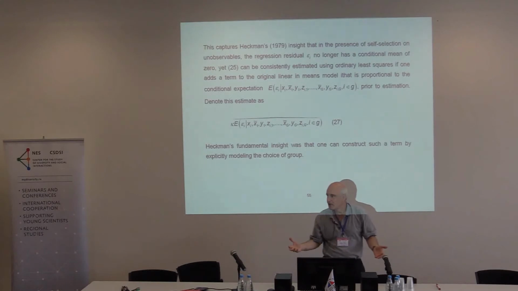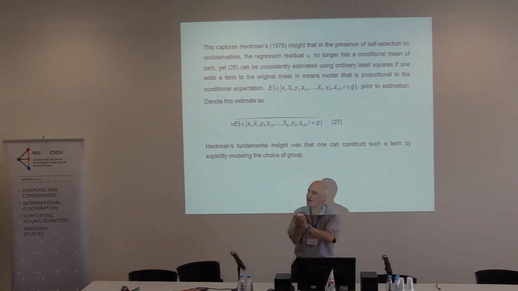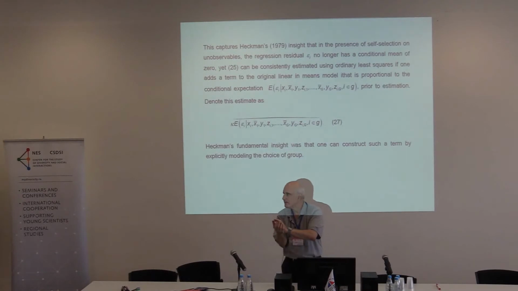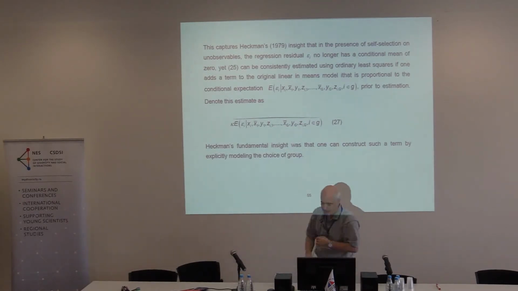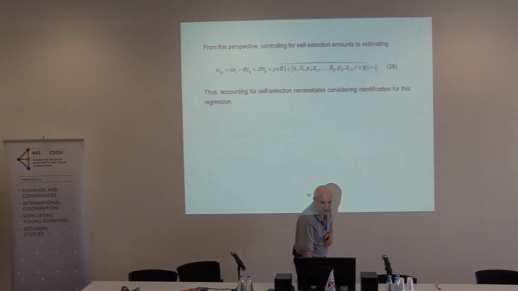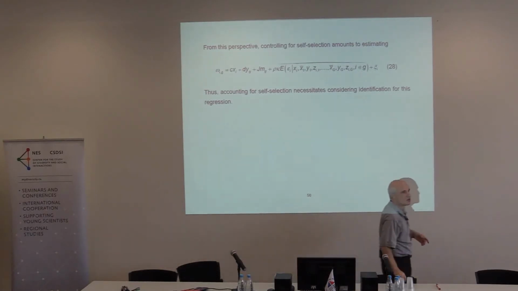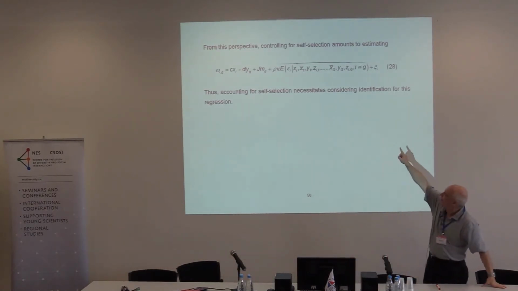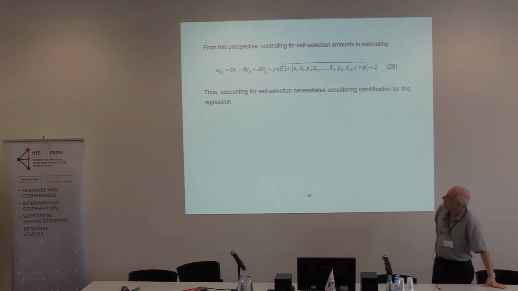But I once again then have a standard regression, because once I have controlled for the expected value of epsilon, the new unobserved heterogeneity xi has an expected value of 0.